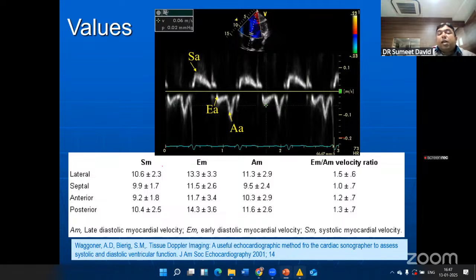We can take the anterior mitral leaflet, and we just put the pulse Doppler on that, and then we see these values. So S prime is the systolic velocity, and then there is an E prime, then there is an A prime, right? So basically, if E prime is smaller than the A prime, it is diastolic dysfunction. But normally, E prime will be bigger than the A prime.